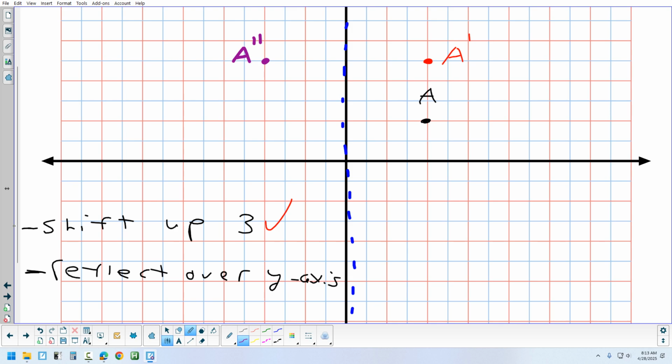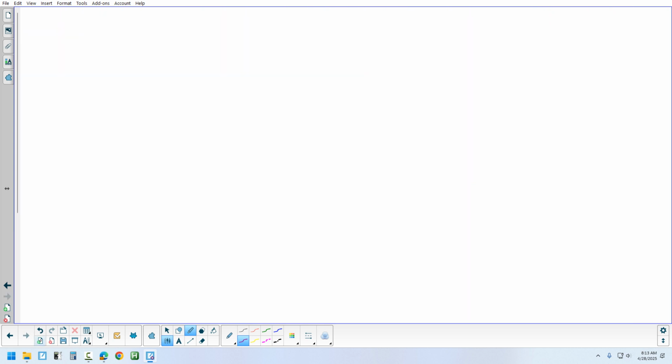All right. Now, they don't talk a lot about rotations, but there is one question on the MCAS. If you rotated something, there's 2 directions you can rotate. We don't use up, down, left, and right when we describe rotation. Anybody know the 2 directions you use when you're describing rotation? Clockwise and counterclockwise.